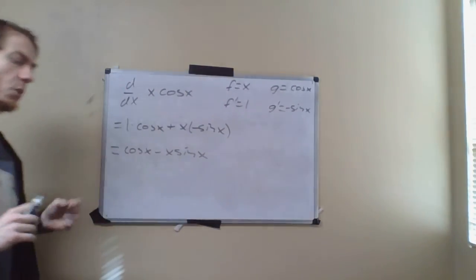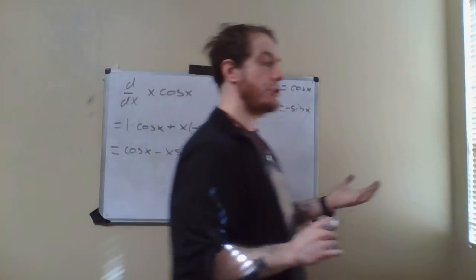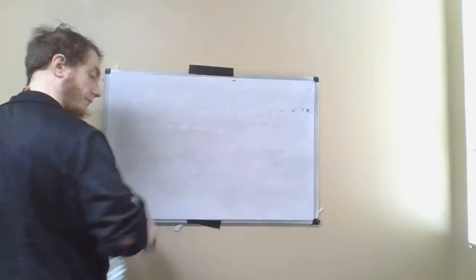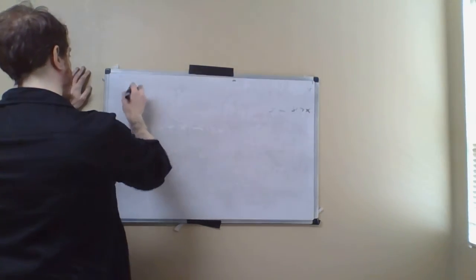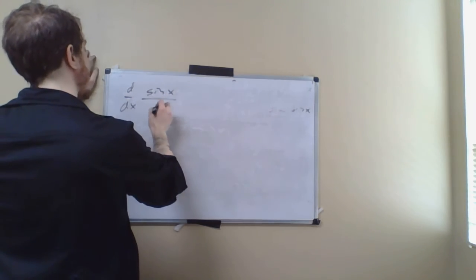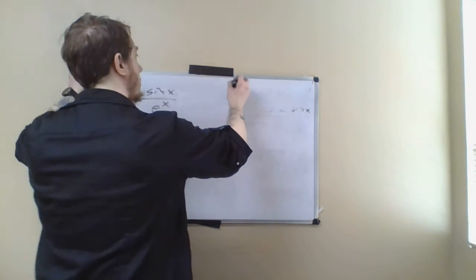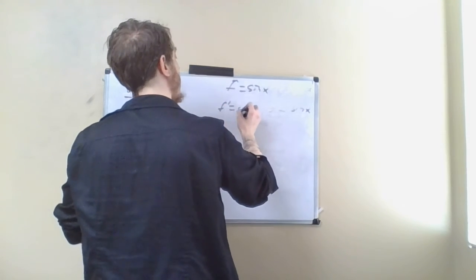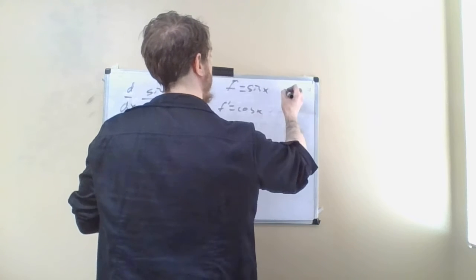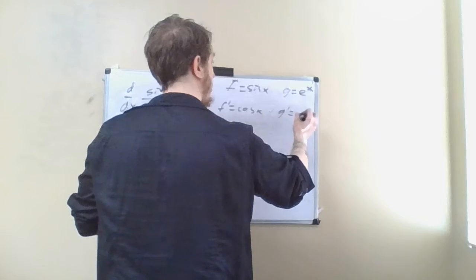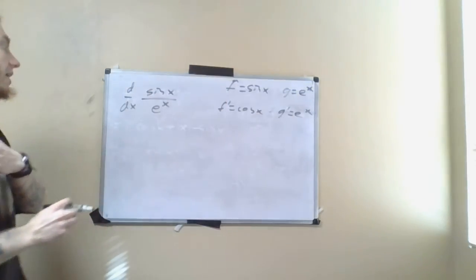So we can use the product rule to do these kinds of derivatives just as we would with any other functions. We can also use the quotient rule just like we would with any other functions. So for instance, take the derivative of sine x divided by e to the x. My f here is sine x, which makes my f prime cosine x, and g is e to the x, which makes g prime e to the x as well.